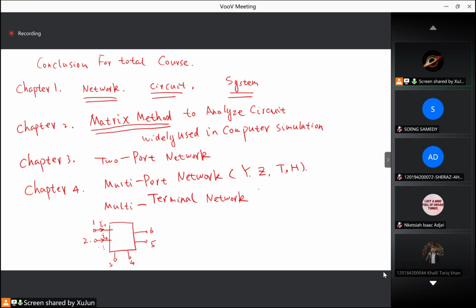For the multi-terminal network, we have introduced the star to net transform at first. The star to net transform is a generalization of the Y to delta transform. And then we discussed the indefinite admittance matrix, and we also introduced what the definite admittance matrix is. By the indefinite admittance matrix, we can change any kind of circuit connection.